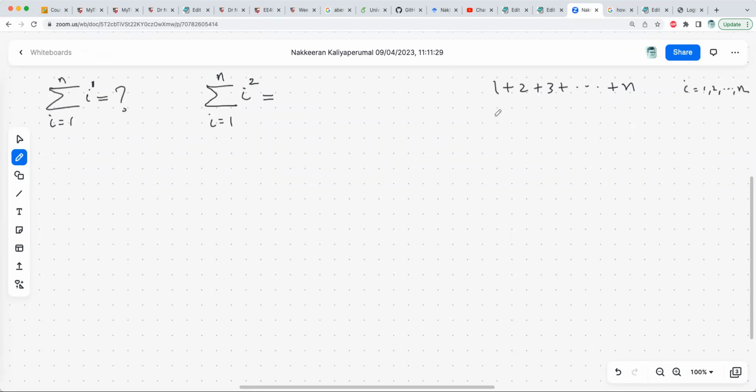But what we could do is reduce and start from 0, 0 plus 1 plus 2 plus 3, then we would be adding up to n minus 1, isn't it?